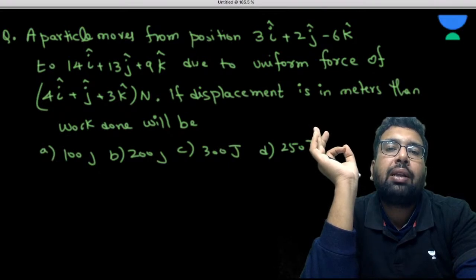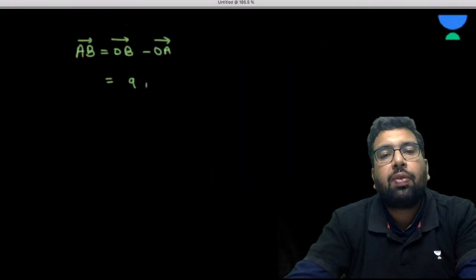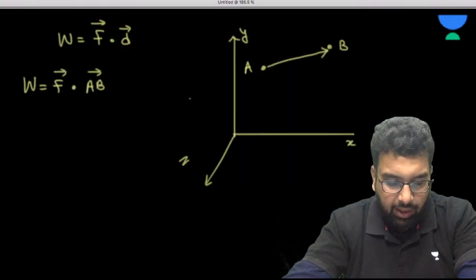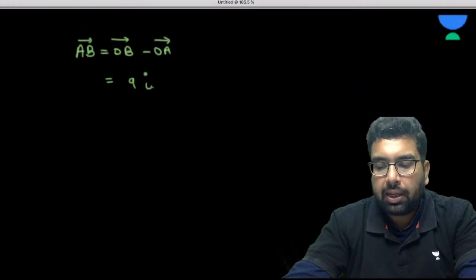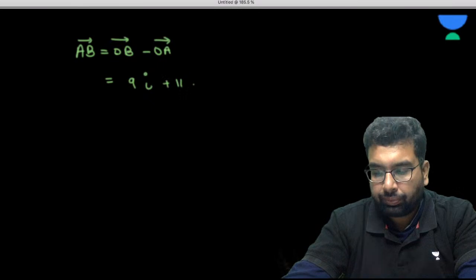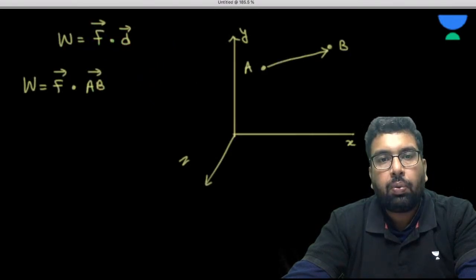So 14 minus 3 will become 9, so I can write 9 of i. Are you getting my point now? Very good, Bima. And then 13 minus 2, that is 11 of j. Oh, 14 minus 3 is 11, sorry, not 9.